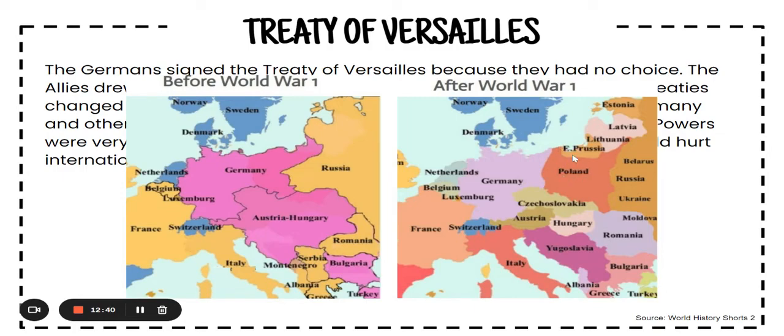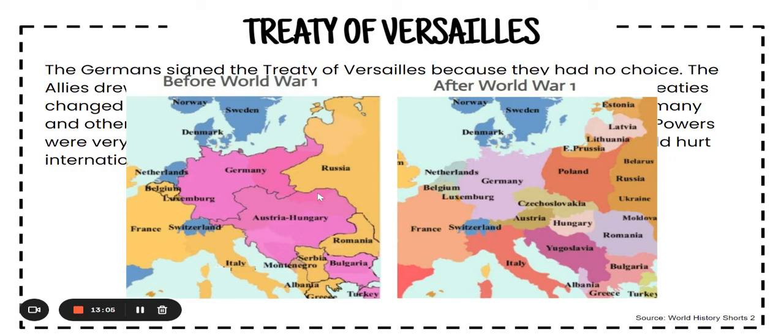They created Prussia. They created Lithuania and Latvia and Estonia, even taking parts of Russia to make this happen. And we see some familiar names. So Belarus, Russia's still here. The Ukraine at this point now belongs to Russia, Moldova.